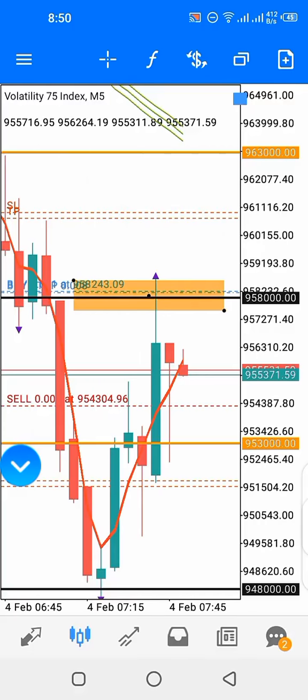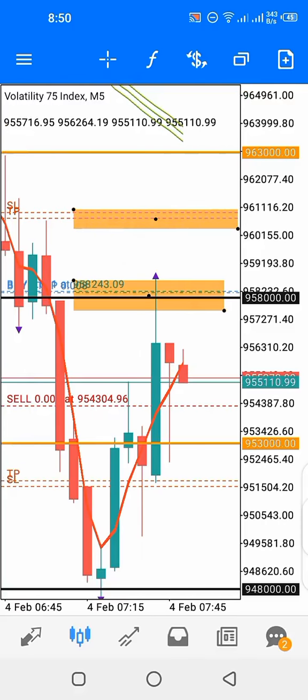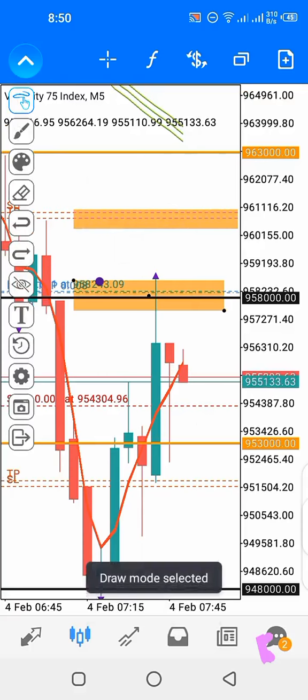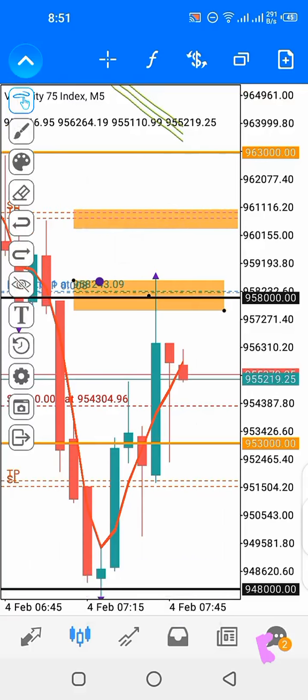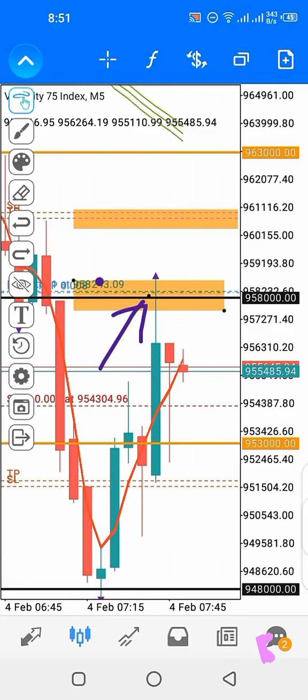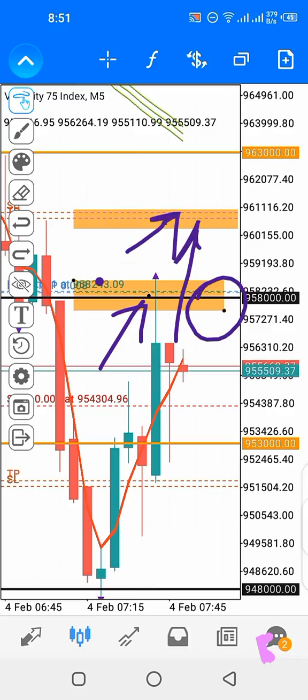I was expecting price to get to the lower point, but it has moved away. Now we have my pending order around here, and the take profit is around here. So if price triggers this pending order, I will expect price to go up, and then I'll have break even around here.